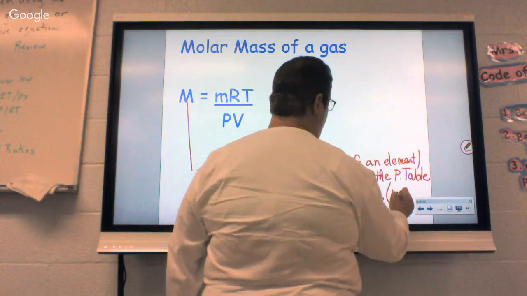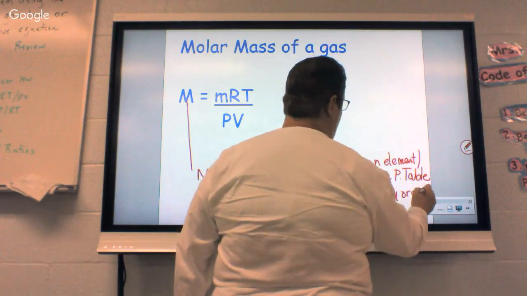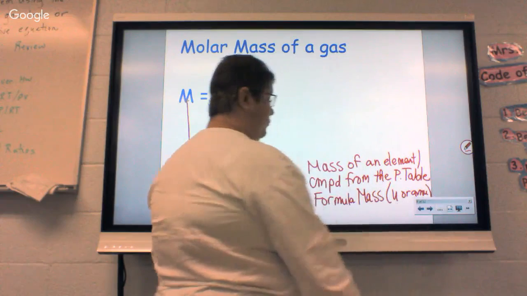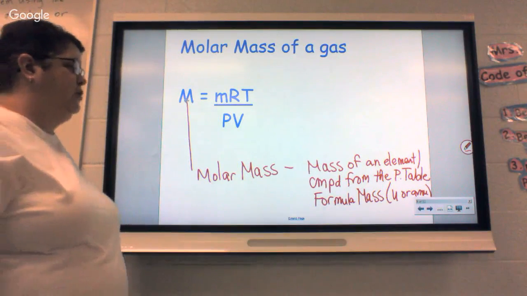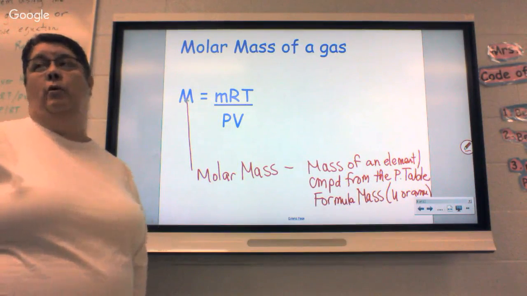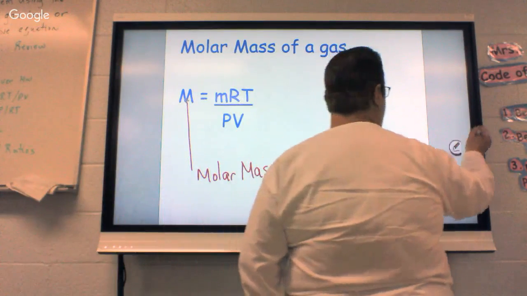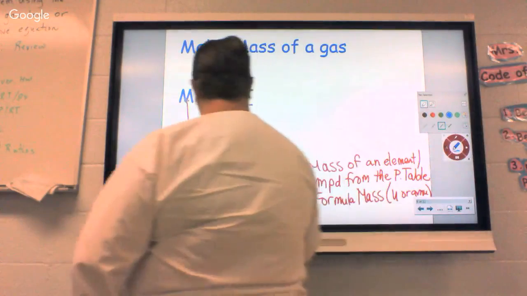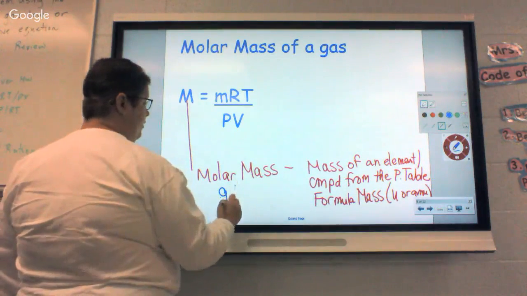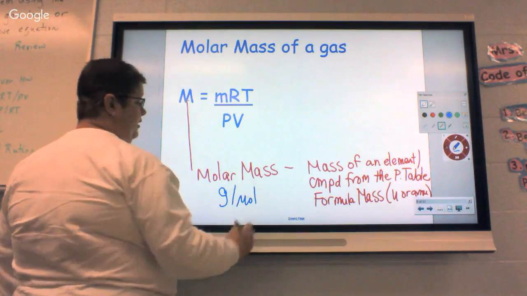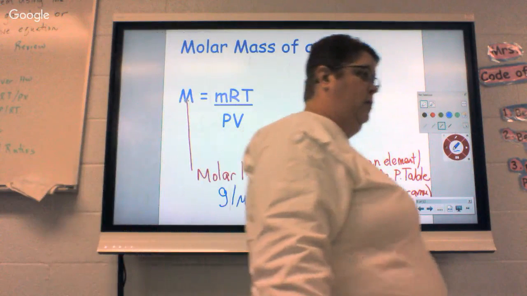Its units were U or AMU. Units were U or AMU. Now, our units, in this particular unit, are more likely to appear as grams per mole.